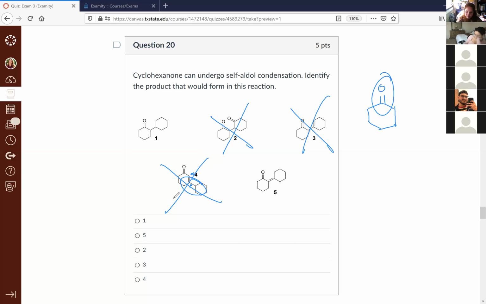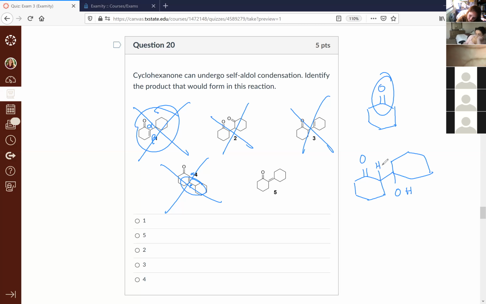If you understand how this reaction actually occurred, you can pretty quickly eliminate option 1 because even though this is an alpha beta unsaturated carbonyl and the other cyclohexane group did end up on the alpha carbon, the elimination did not happen in the correct place. So think about your addition product. It would look like this, right?